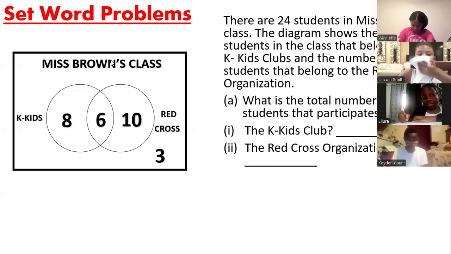There's only one number on the outside, on the outside of the circles. So it's only 3 students that are neither in K Kids or Red Cross.